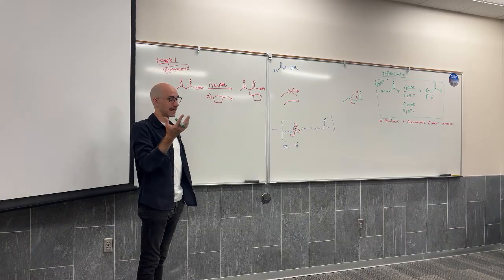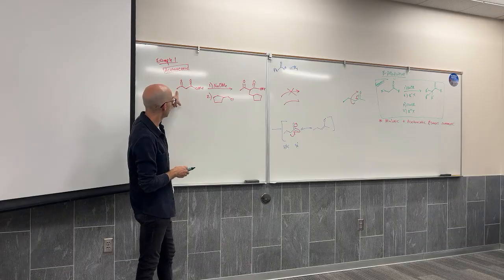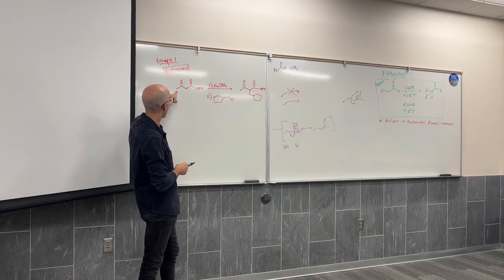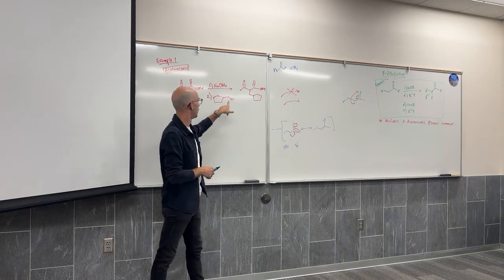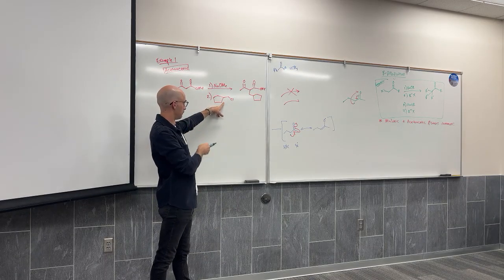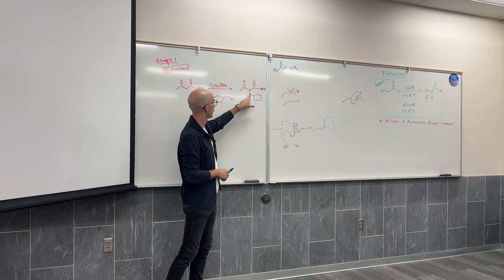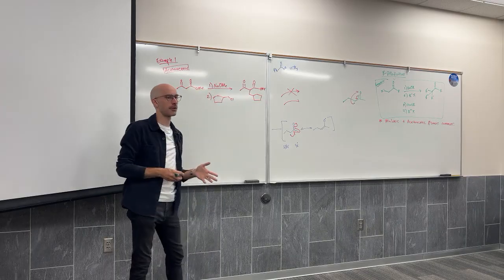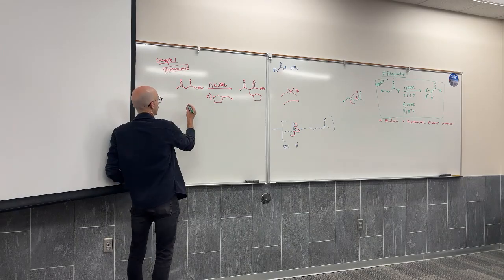So one way to count your carbons is just to say acetoacetic has 1, 2, 3, 4, and my chloromethyl cyclopentane has 1, 2, 3, 4, 5, 6. So I have the correct number of carbons, but it doesn't really tell me if everything's mapped correctly.